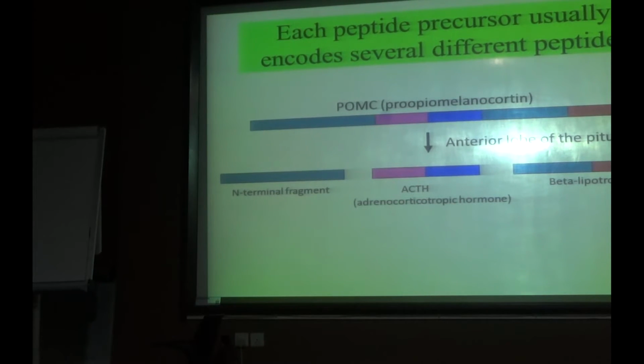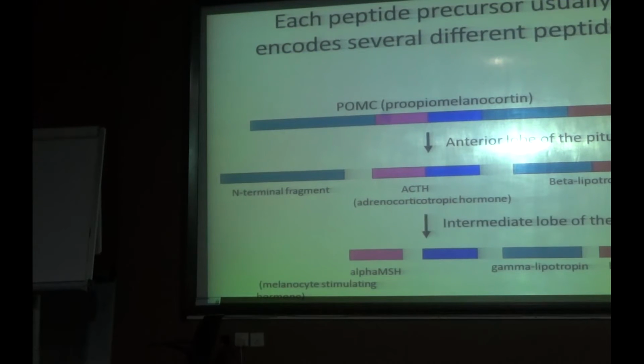So it comes with the pre-forms genetically. Then adrenocorticotropic hormone is broken down again in the intermediate lobe of the pituitary gland into alpha-melanocyte stimulating hormone, gamma-lipotropins, beta endorphins. So from one genetic code, and we discussed this earlier if you remember in the prep year, there is an exon shuffling mechanism, and you can have many outcomes.